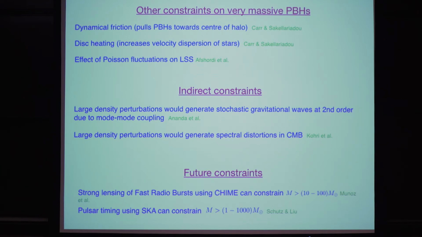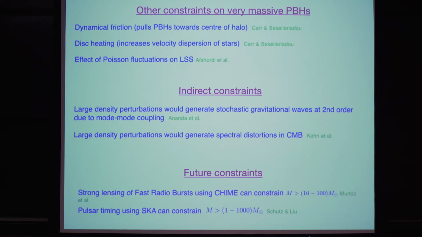There are also some indirect constraints. These are constraints where you don't constrain the density of the black holes directly. Instead, you constrain the large density perturbations, which are the most popular mechanism for forming them.